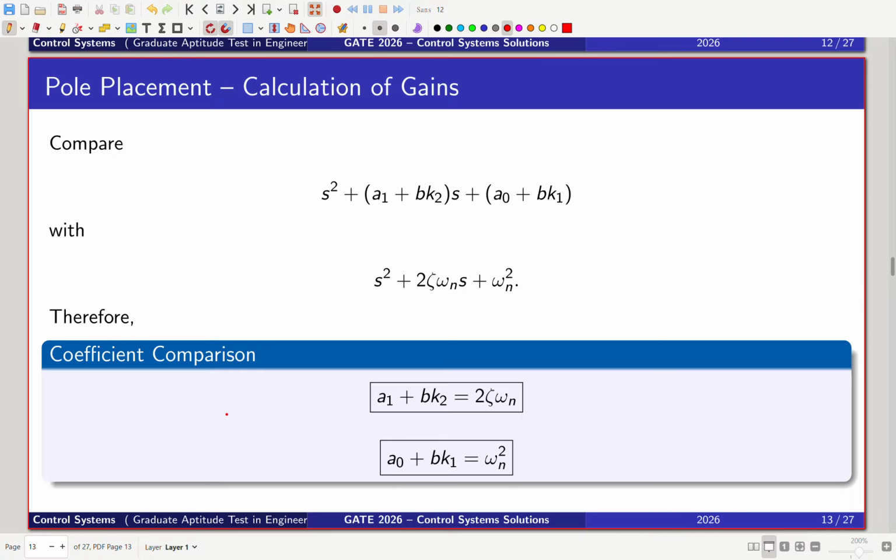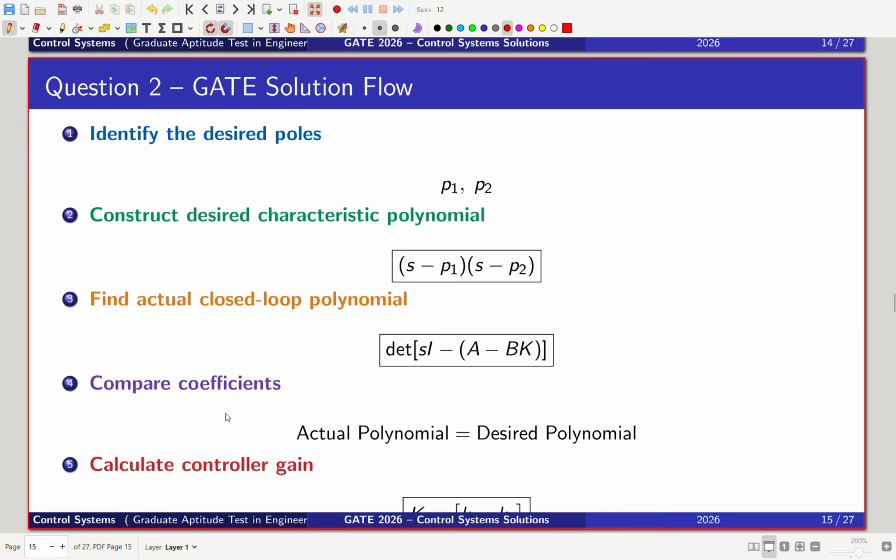So when we compare this, we get a naught and b naught. We just need to find the values k1 and k2, right? This is a way we can identify the desired poles. We know p1 and p2, already given in the question. So how can we do that?